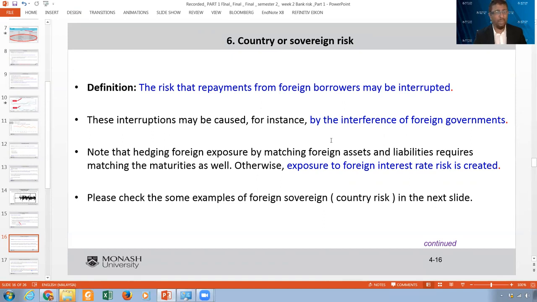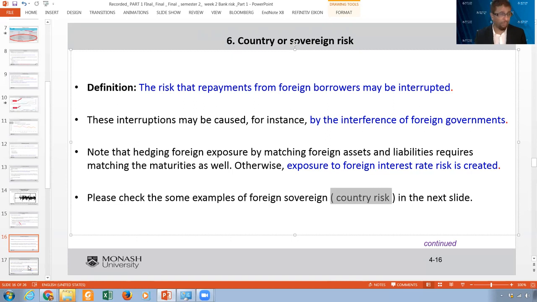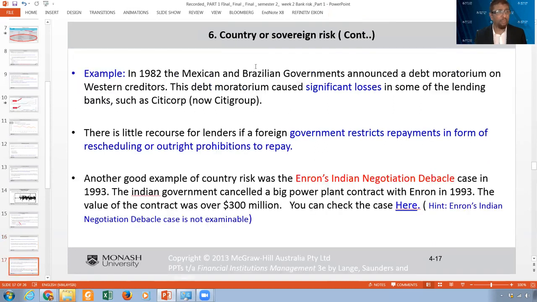So actually it happens because of the foreign government's actions, either for economic purposes or for political reasons. So we call it sometimes country risk. You can call it sovereign risk, or you can call it political risk. There are some examples here.